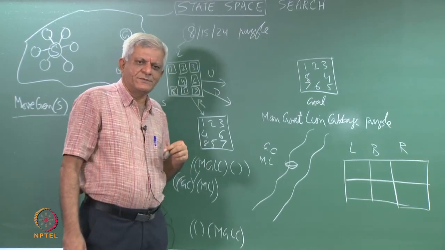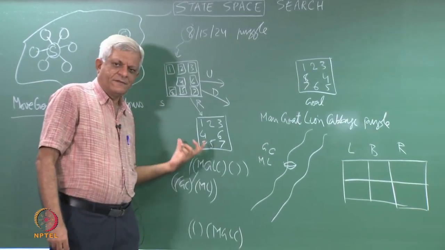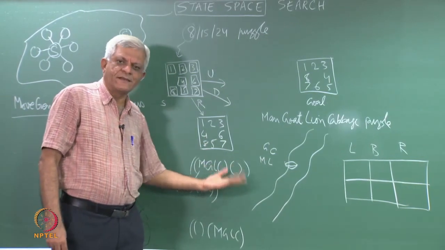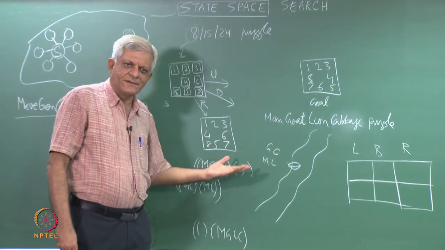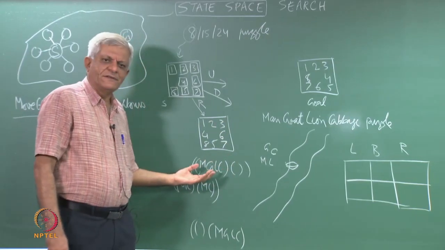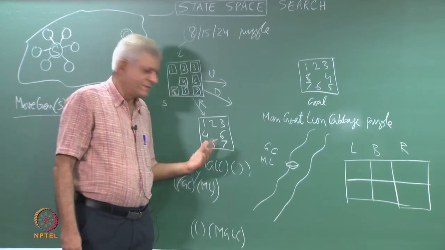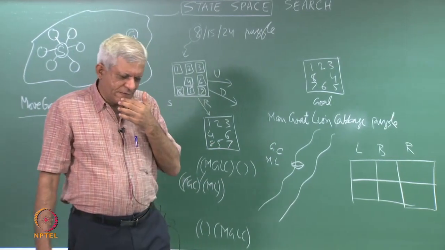Now, one thing that you would observe is that this second list is redundant. We do not really need the second list. If you know that there are only these 4 characters around, the first list is enough to tell us what the state is.